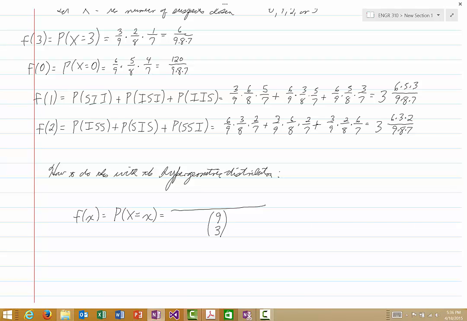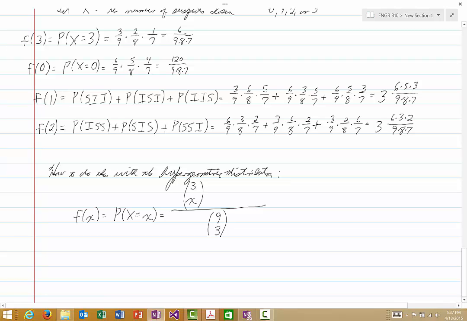And now in the numerator, we want to know the number of ways in which, if we make a choice, we would get x of the suspects. Well, think about it this way. We're getting x of the suspects out of 3 suspects. So the number of ways to choose x of the suspects out of 3 is 3 choose x.